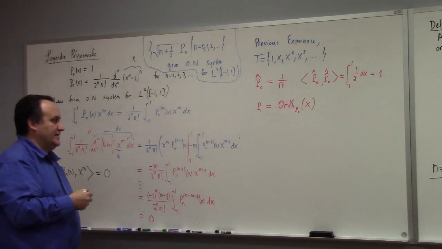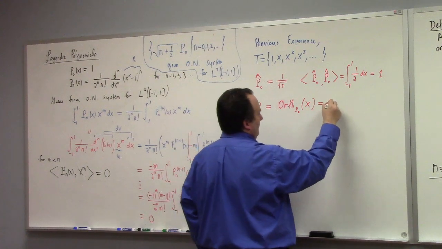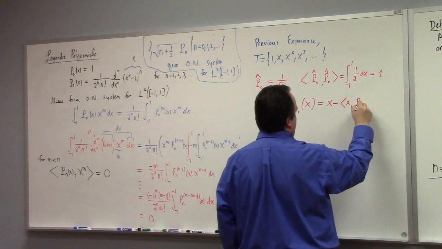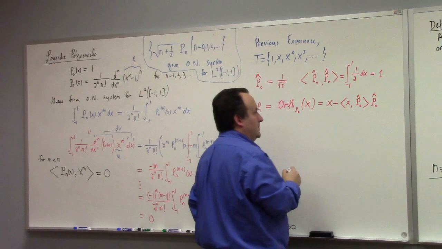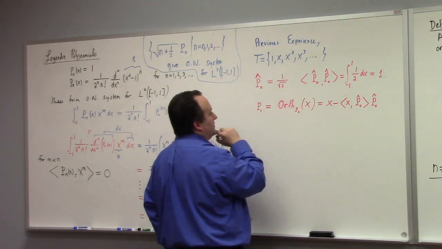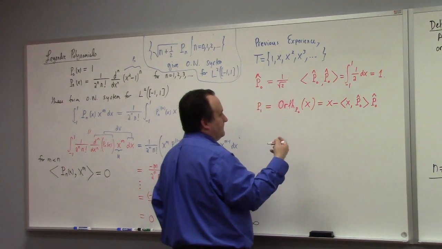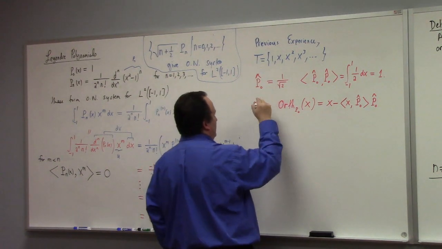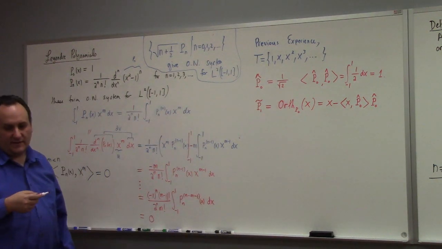So what I do is I take the polynomial x and I subtract off the inner product of x with P0 in the P0 direction. This wouldn't be his P1. I shouldn't call this P1. It may not be his P1. I should call this something else, like P1 tilde. Is that horrible enough?